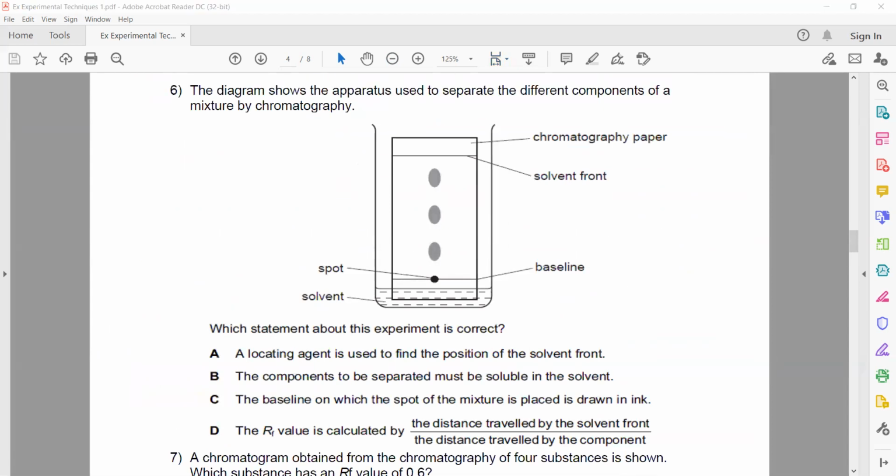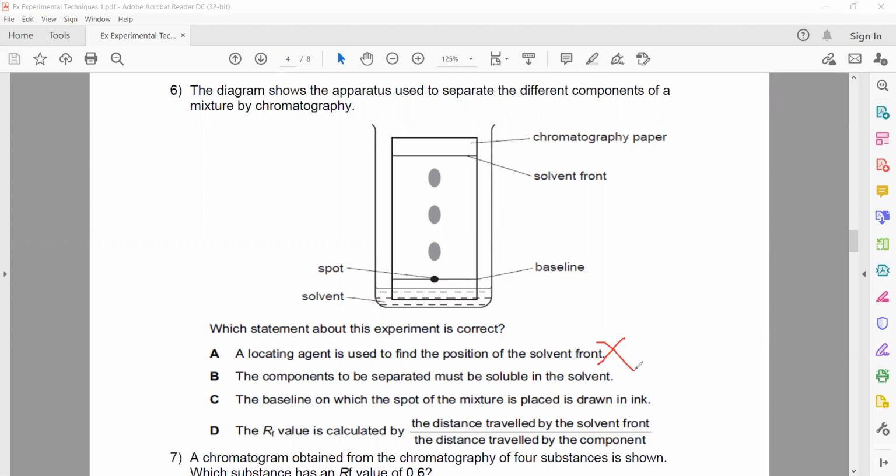In question 6, the diagram shows the apparatus used to separate different components of a mixture by chromatography. Which statement about the experiment is true? A locating agent is used to find the position of the solvent front.